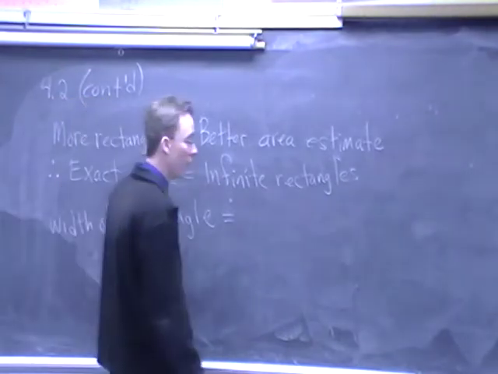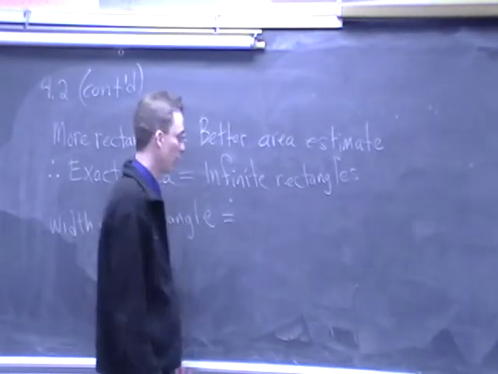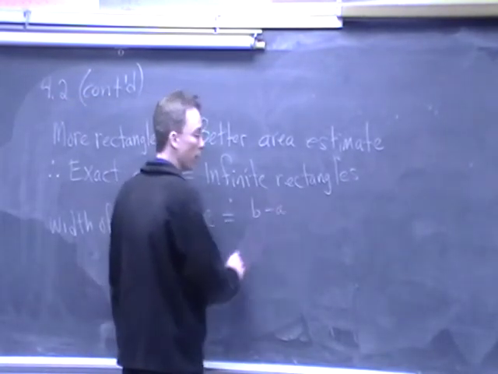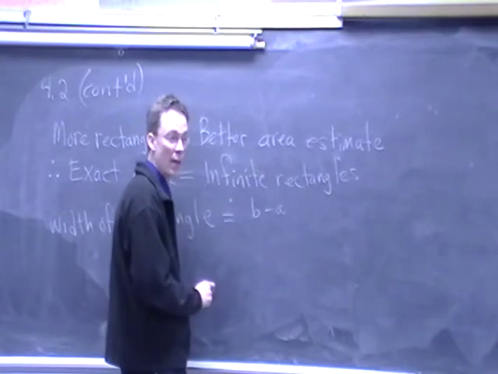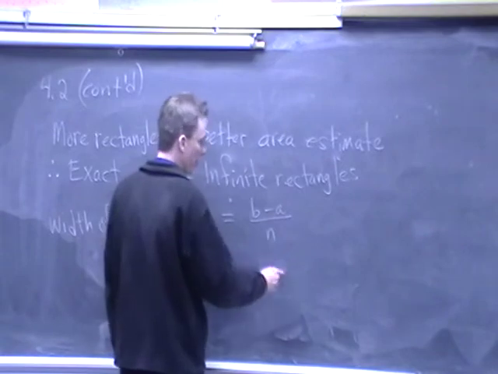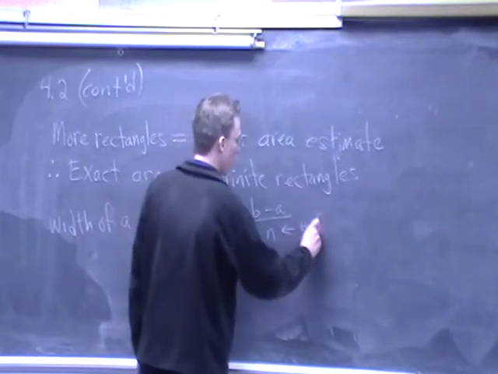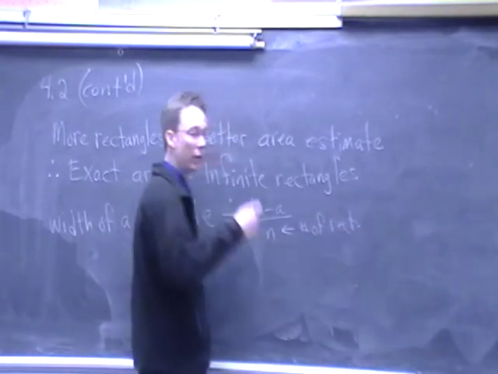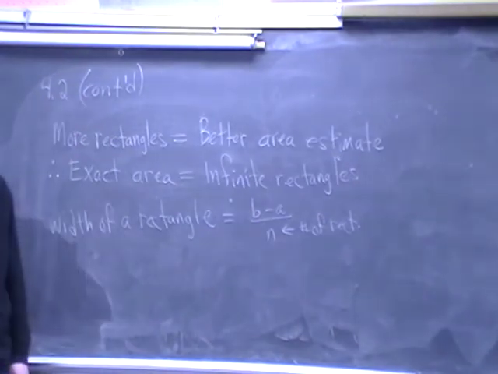Figure out how wide your interval is. So take your right endpoint minus your left endpoint. That'll tell you how wide the interval is. Divide that by n, which is the number of rectangles that you're using to get your estimate. Is it infinity? It's going to be today.